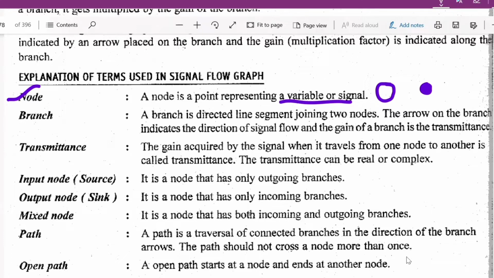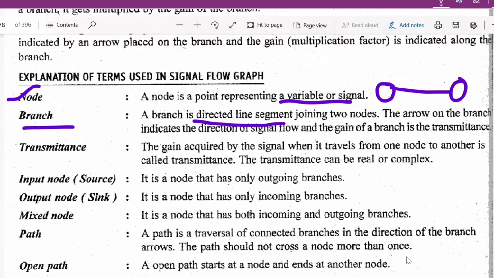Then branch. A branch is a directed line segment which joins two nodes. See here, if you have a node like this, both the nodes are connected by a straight line which is called a branch.